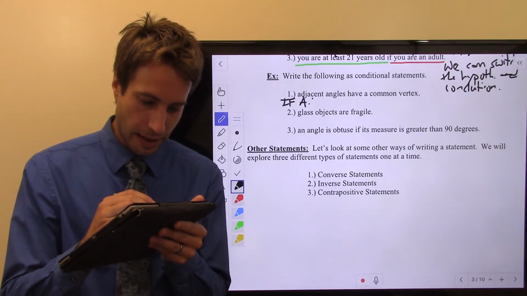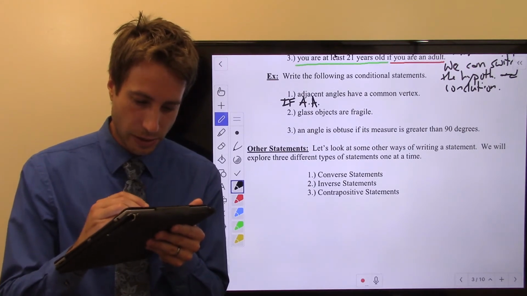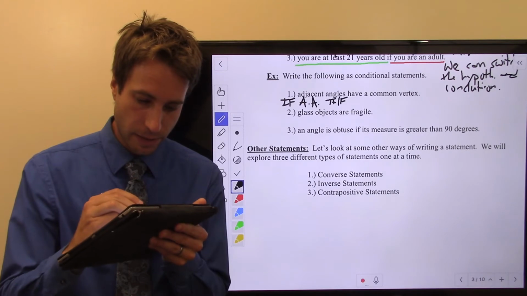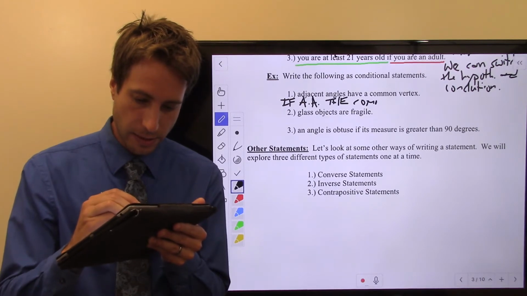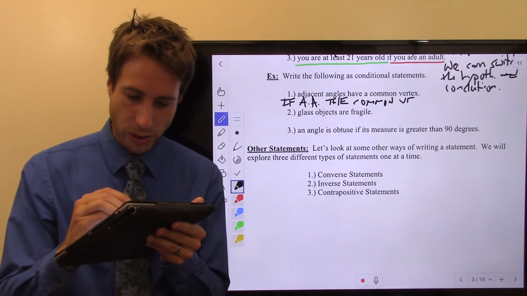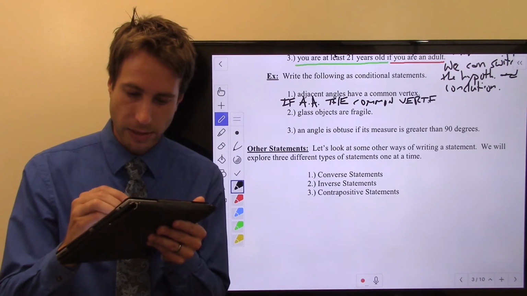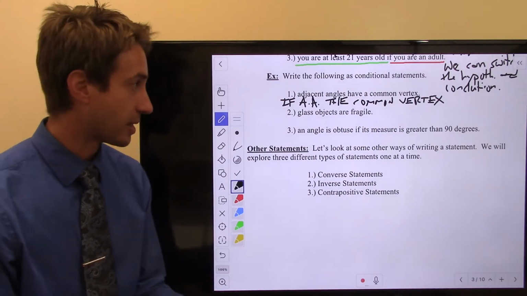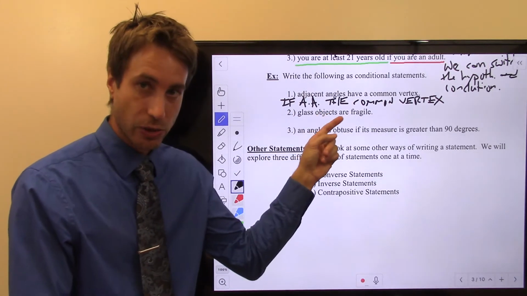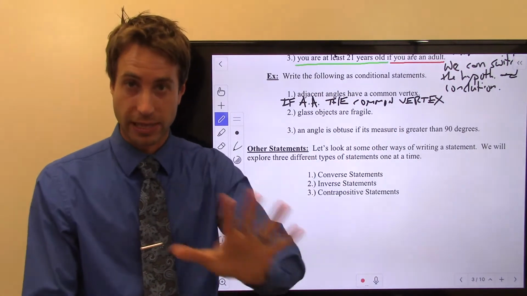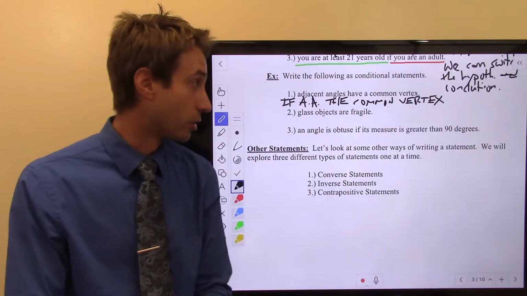I'm shorthanding that because sometimes it's a little hard to read my writing. If you have adjacent angles, then they have a common vertex. That's an if-then, hypothesis, conclusion.